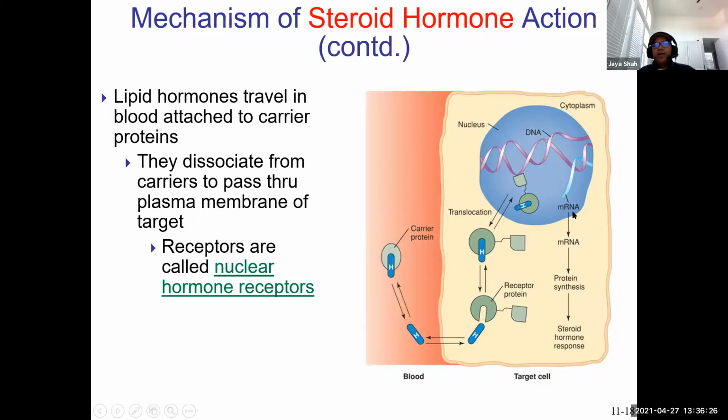Then messenger RNA comes outside the nucleus, inside the cytoplasm, goes to the ribosomes, and then they synthesize protein, and that specific protein, inside the cell and outside the cell, brings the steroid hormone response. This is the mechanism of steroid hormone. So if you have testosterone, estrogen, progesterone, corticosteroid, they all act through this mechanism.